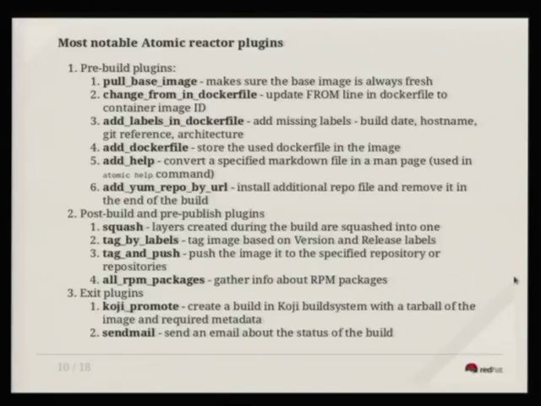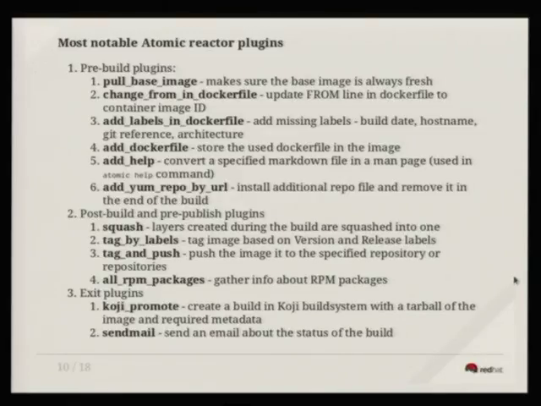So using the Atomic CLI help, it's able to display the help for this image. Some projects require additional YUM repos, so we can specify the necessary YUM repo when we're building a new image. Those are the plugins which run before the actual Docker build happens.